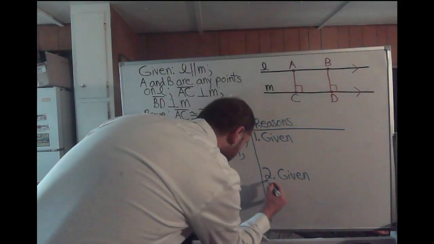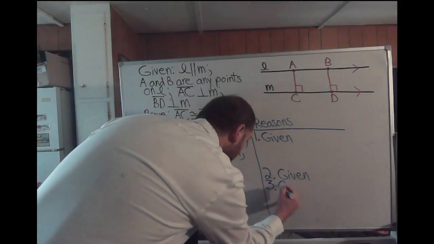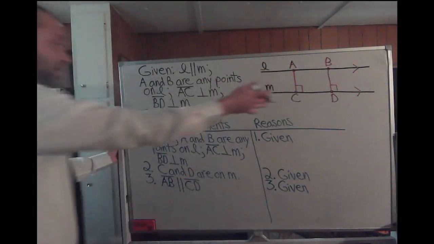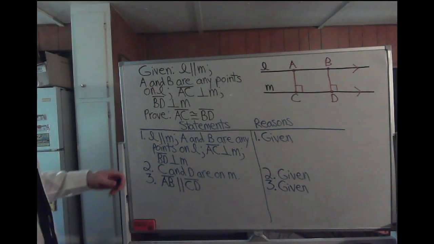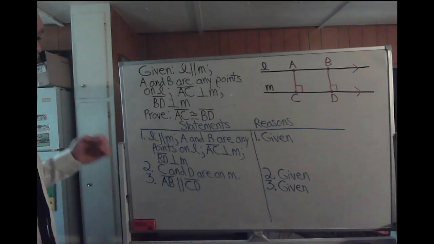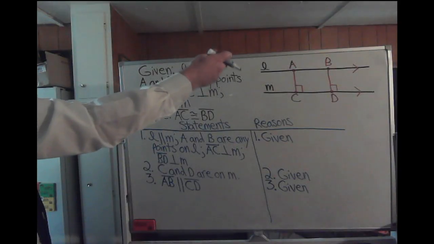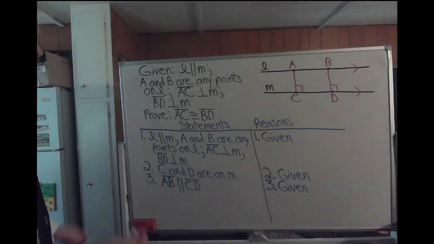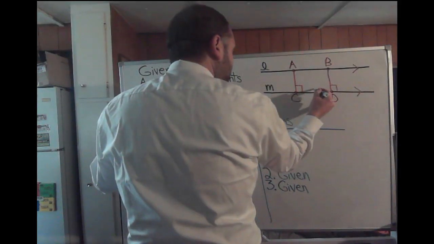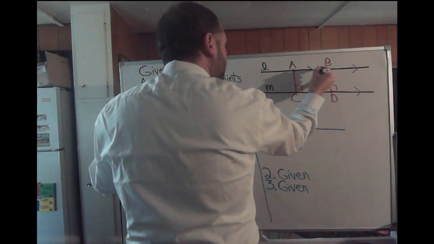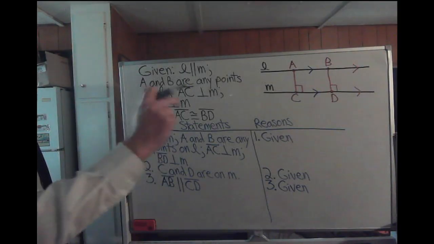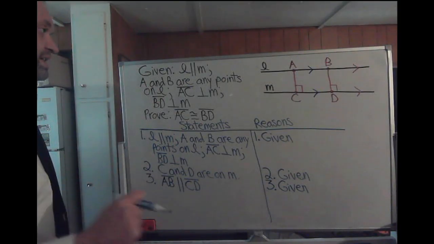We can also say that was given. That was actually kind of given to us because based on the diagram we figure out the points on each line. If the whole line's parallel to the other line, that means the points on one line are parallel to the points on the other. So let's go ahead here. We'll set up parallel markers for that. So now we can say that AB is parallel to CD.